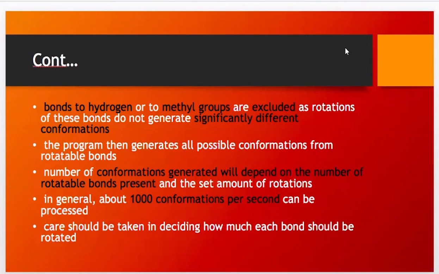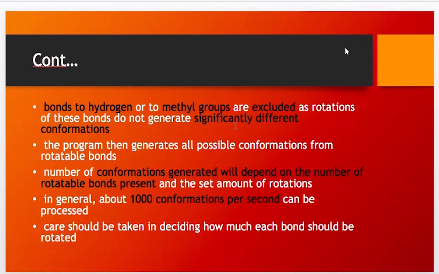Other bonds connected to methyl groups are also excluded, because after you have made your conformations, rotating these kinds of bonds will not really be significant. So you can exclude them as you determine which bonds you have to rotate to come up with different conformations.